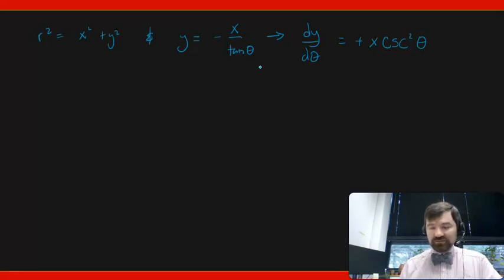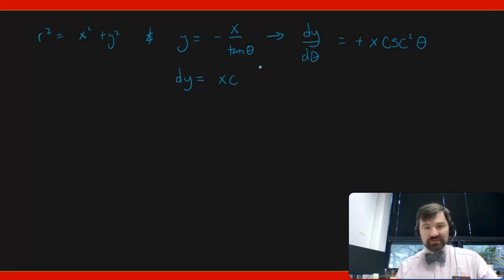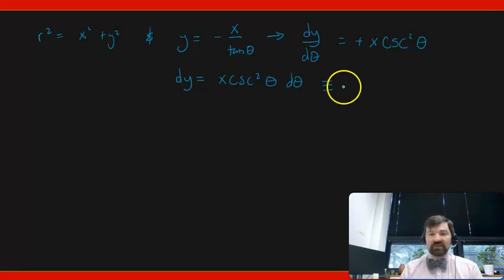The x just kind of goes along for the ride because it's a constant in this case. And so essentially that means that our dy term can be substituted for x cosecant squared theta d theta. By definition, cosecant squared is the same thing as 1 divided by sine squared, and so this right here must be x divided by sine squared theta d theta.